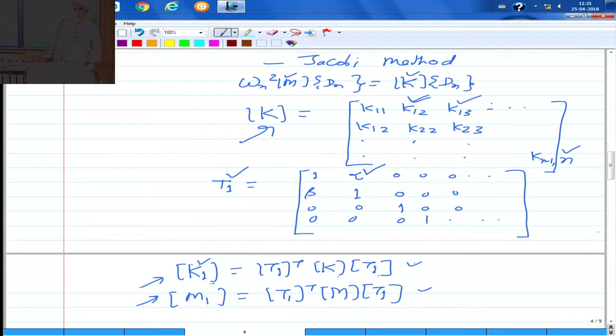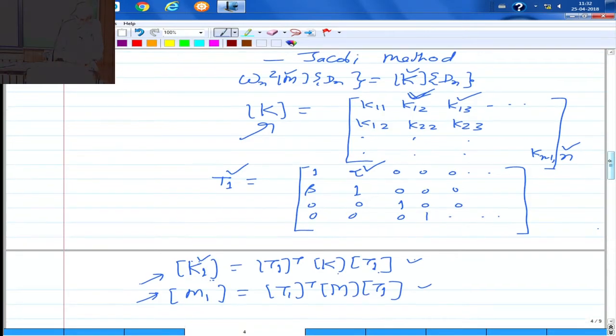So we repeat this. One cycle means all the off diagonal elements once we try to make them 0. Then we start the second cycle, and if you do this a number of times, you will finally find that all the off diagonal elements would be nearly 0.